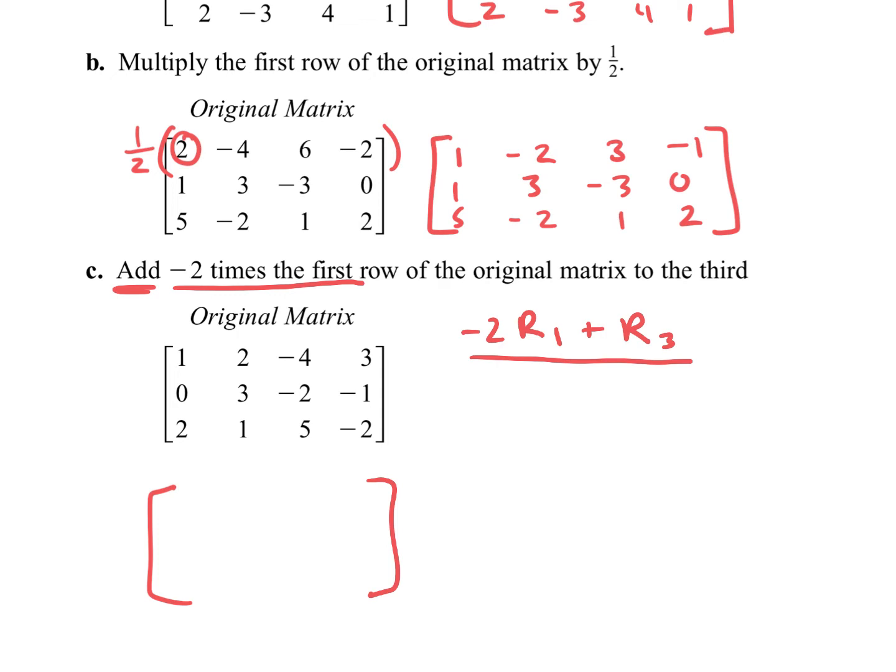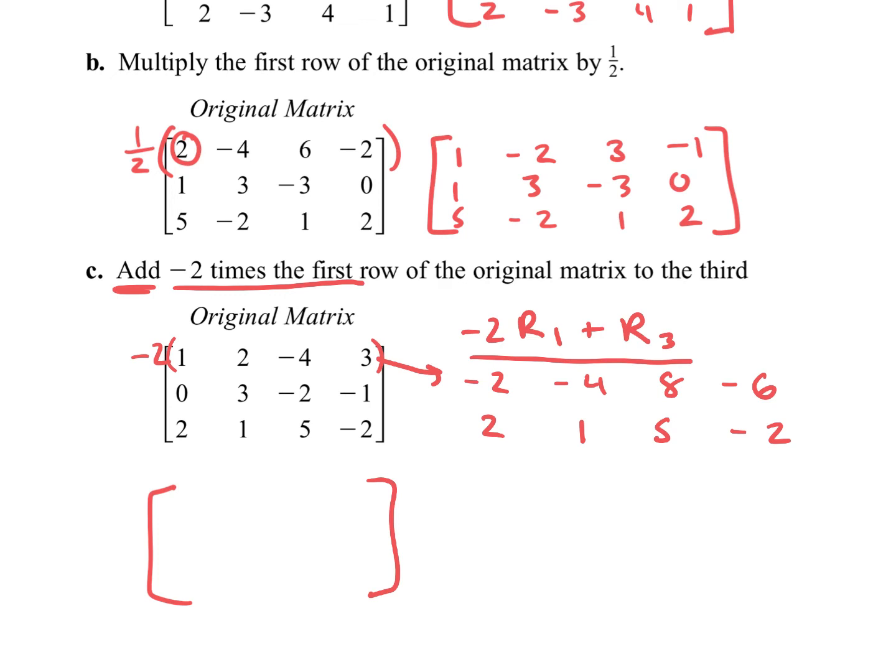So -2 times row 1, multiplying this times -2, becomes -2, -4, 8, and -6. And then row 3 is 2, 1, 5, negative 2. And I'm going to add these together.